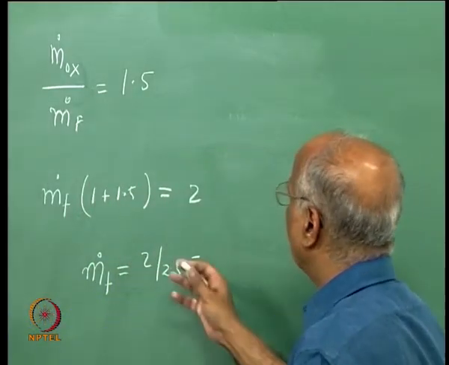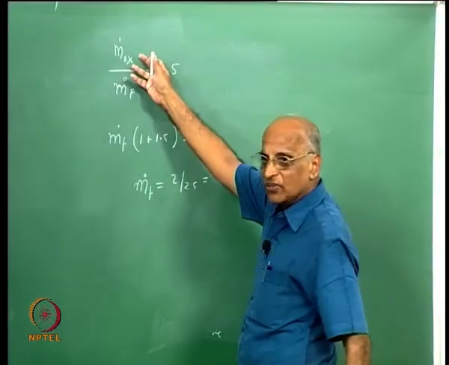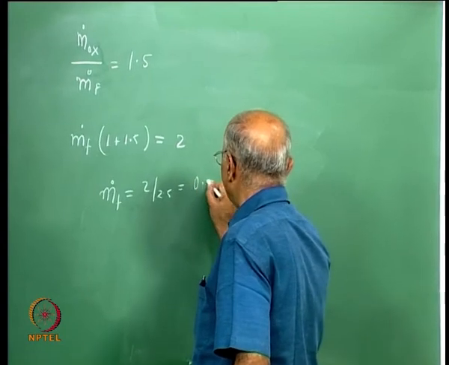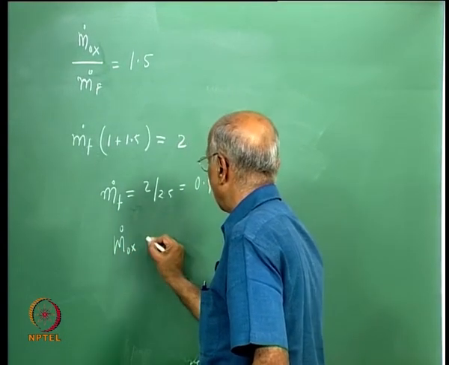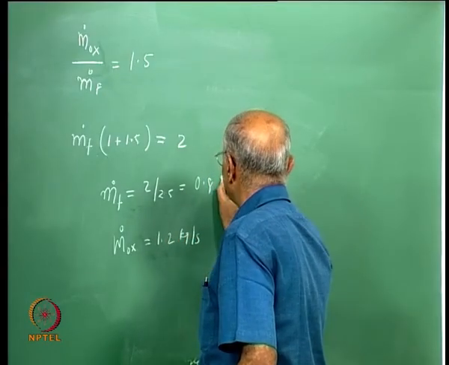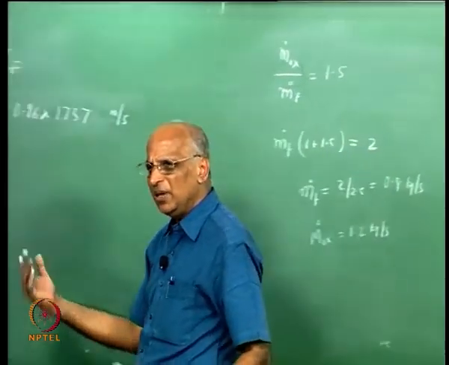Once I know the mass flow rate of fuel, I know the mass flow rate of oxidizer, and this is all what is done. This might be around 0.8, and the value of m dot oxidizer, which is N2O4, is equal to 1.2 kg per second. This is how one solves it. It is extremely simple, right.